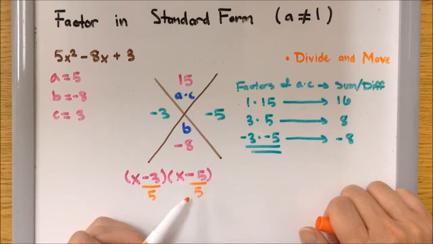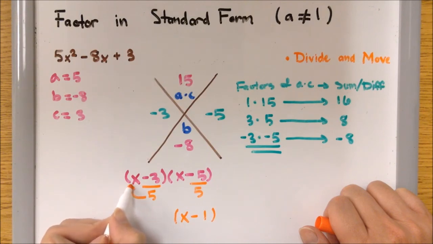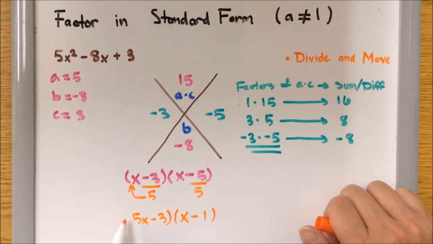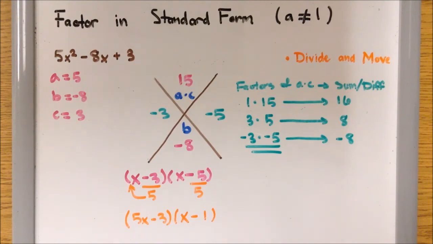Negative 5 divided by positive 5 would become x minus 1. And in this fraction, negative 3 over 5, you cannot divide into a whole number, so I'm going to move the 5, the denominator, in front of x. So it will be 5x minus 3.